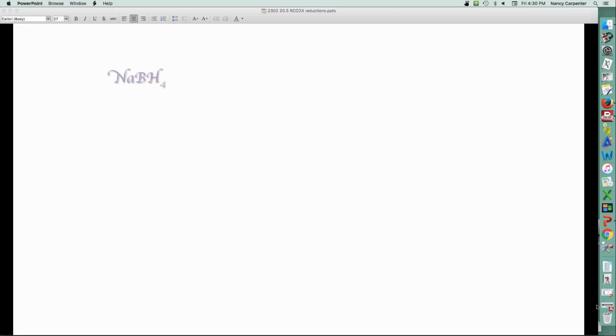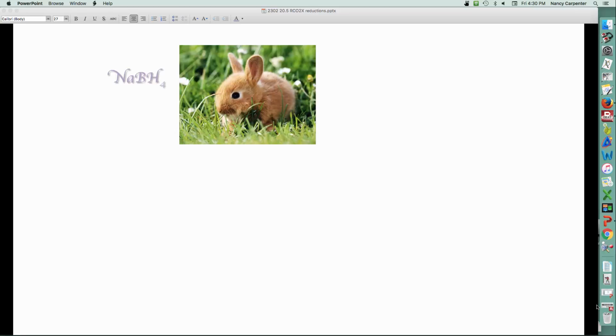All right, so what about all these hydride reducing agents? Well, okay, here's the deal. We've got soft, little, mild sodium borohydride. Sodium borohydride is the little fuzzy, gentle bunny rabbit of hydride reducing agents. It's very, very, very mild.